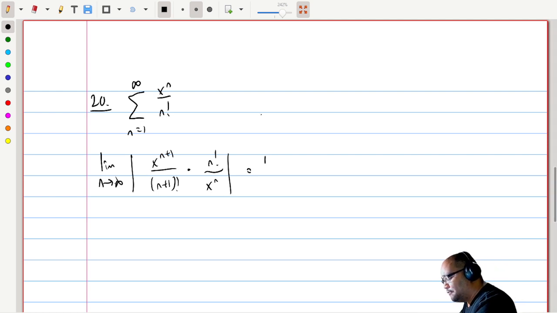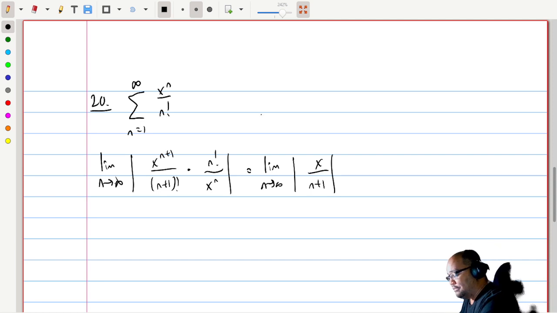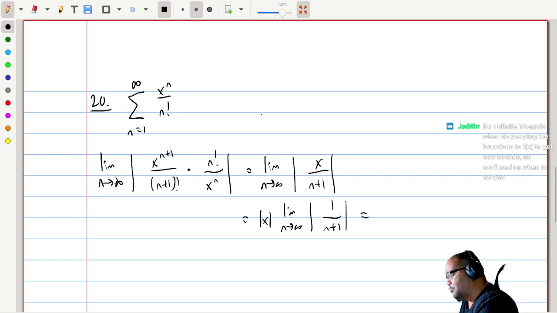We cancel some stuff. So what I have left over here is just x over n plus 1. And remember, x is independent of n in the limit, so it can be shoved out with absolute value. That limit that's left over is 0.